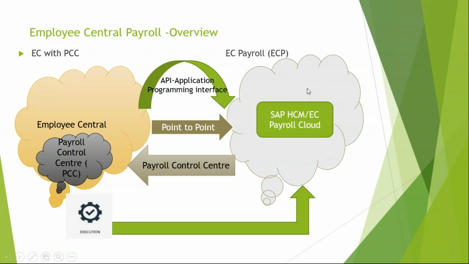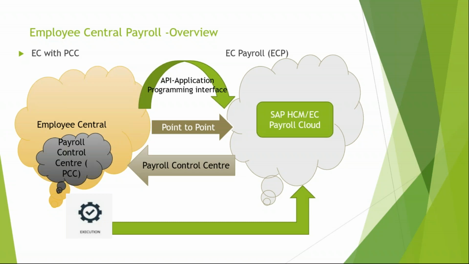Now, what are the benefits, and what is the purpose of bringing this? As we discussed earlier, if I go with the SAP payroll engine on-premise, I have to use EC, I have to use CPI as middleware, and I have to use a client-specific server internally.